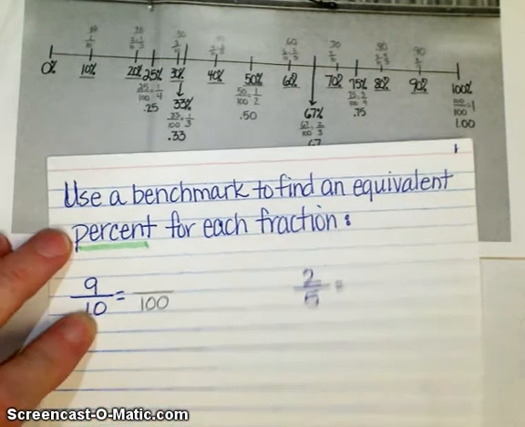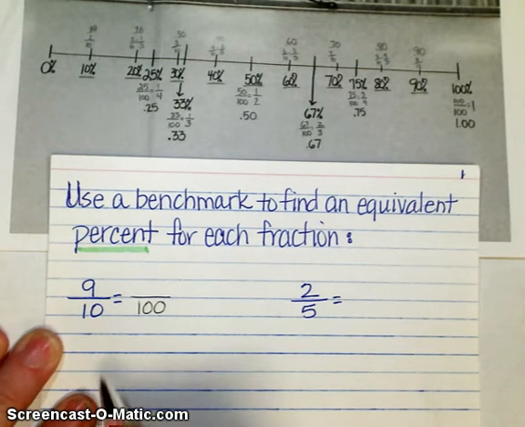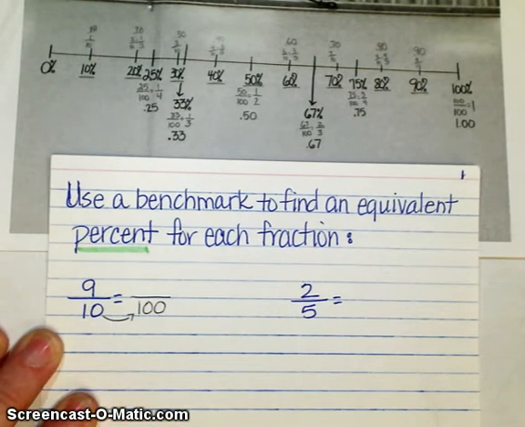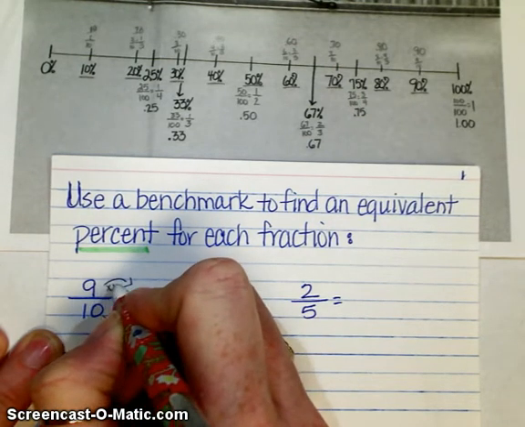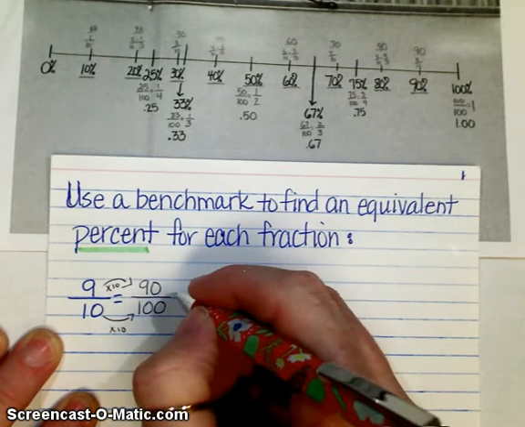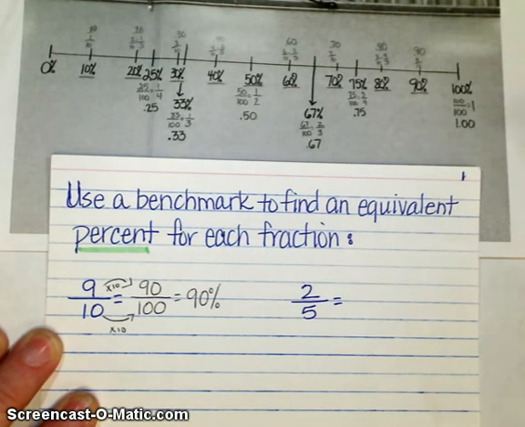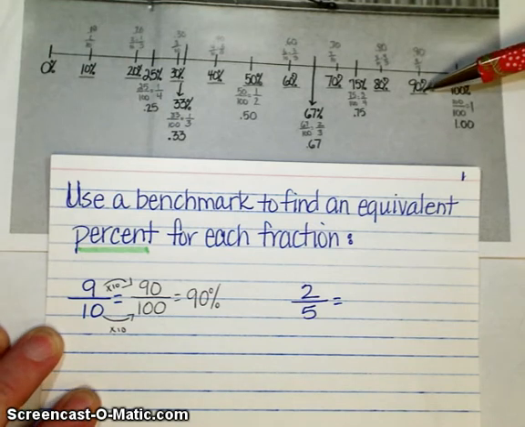So 100 is always going to be our denominator. So what we need to decide is, what do I do to 10 to make it become 100? We're going to multiply that times 10. So we have to do the exact same thing to the top. That makes it 90 over 100, which means 90%.